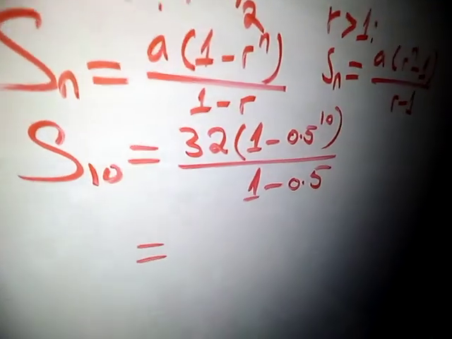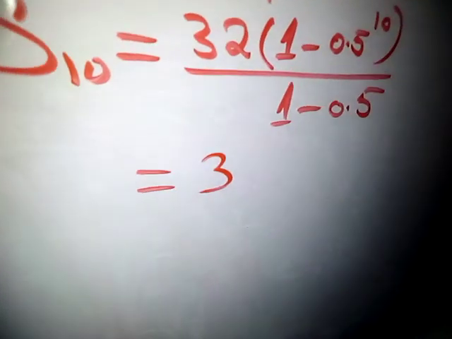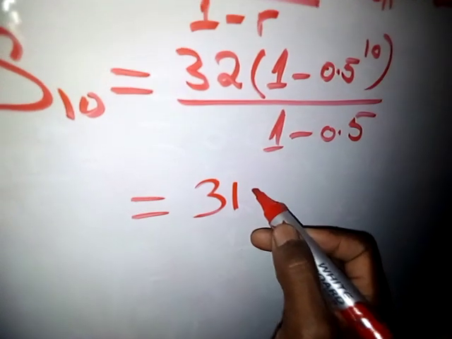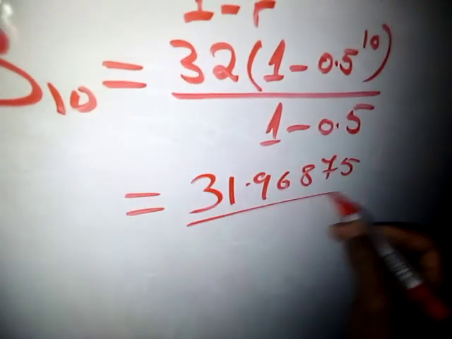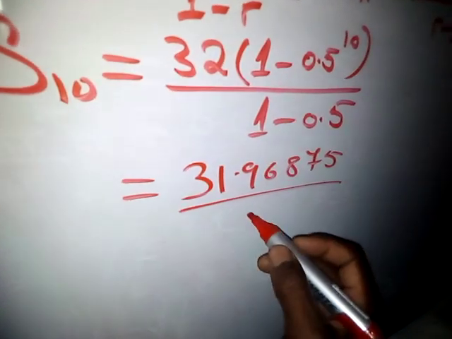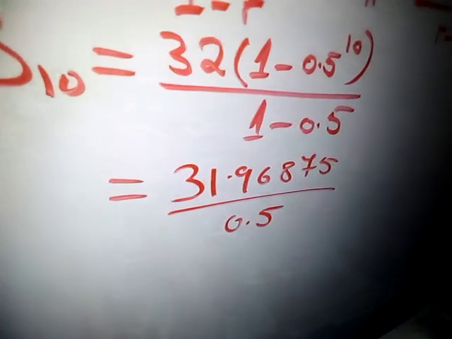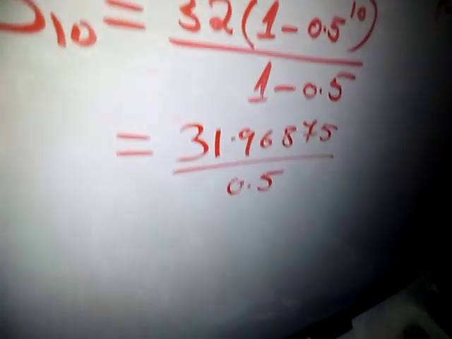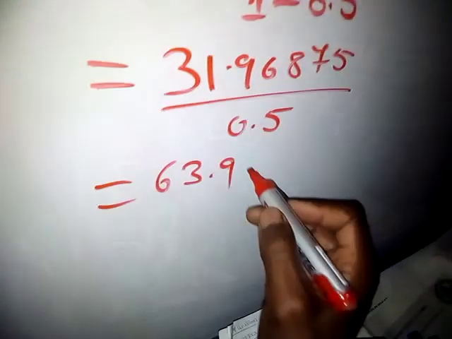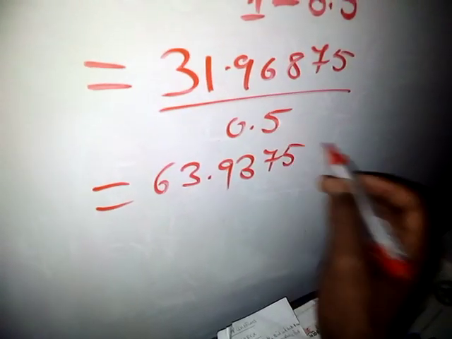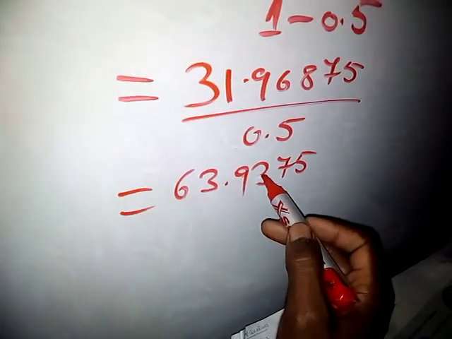When I simplify this, the numerator will be 31.96875. Everything over 1 take away half is half. So when you divide that by 0.5, you're going to have 63.9375.